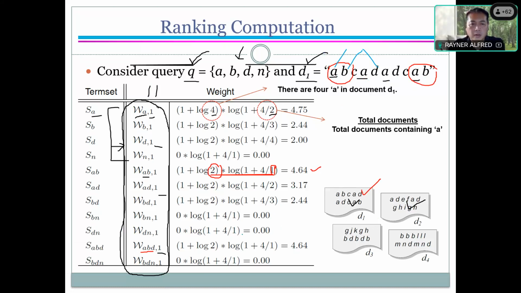So we can have this one, but in document 1, ABD, we also have this one, A, B, D. Okay, so the order doesn't matter, but the composition of the term set must be the same, but you cannot repeat the symbol that you have taken.